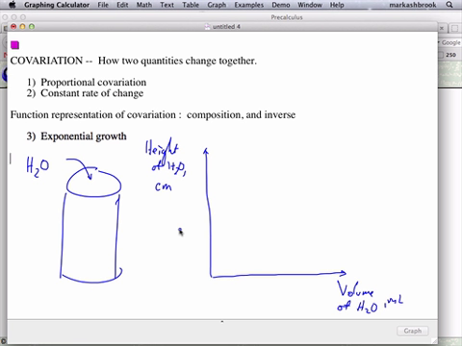So the technique to do this and form these graphs is to look at small changes in what we call the independent quantity, or the x quantity.